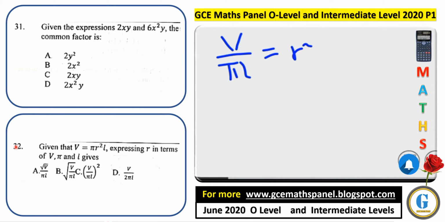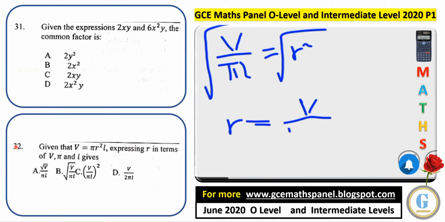Now for us to get the radius, you have to take the square root of both sides. So we take the square root of this side and the square root of this side, and that will give us r to be equal to the square root of v over pi L. And which key is this? Okay, this is B.